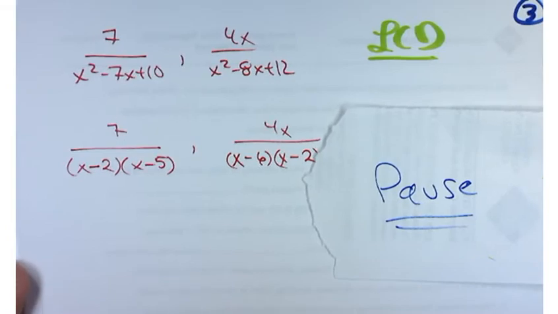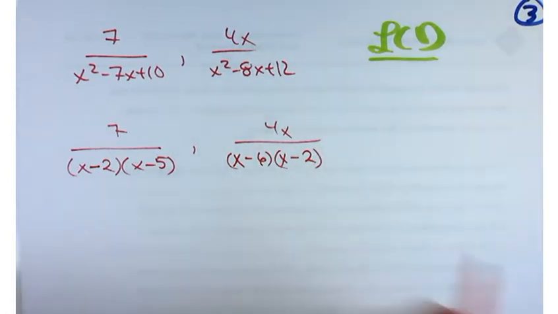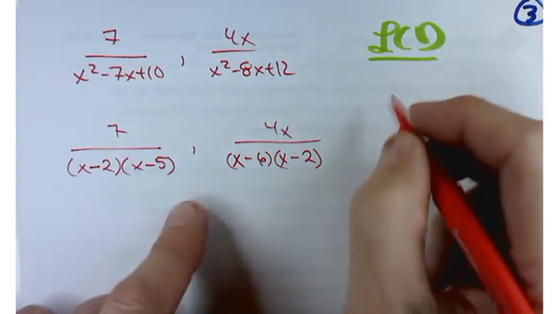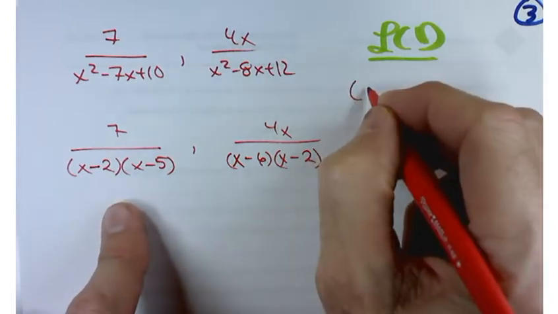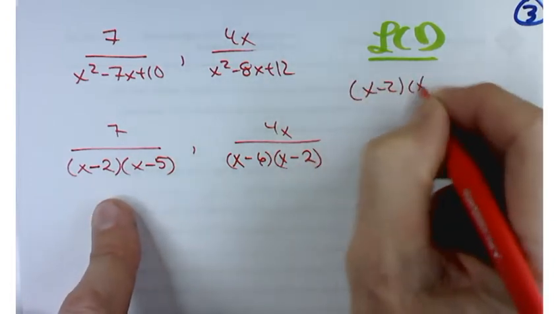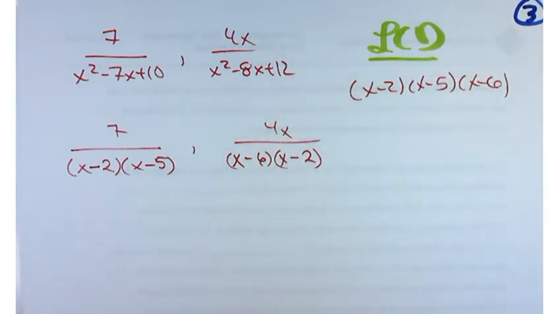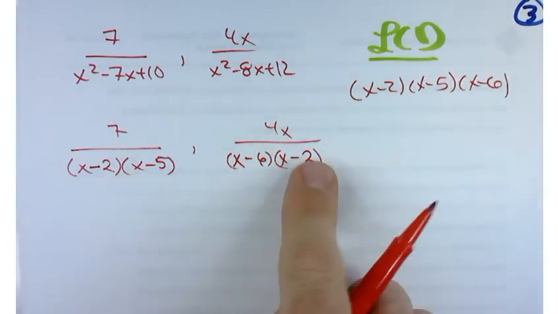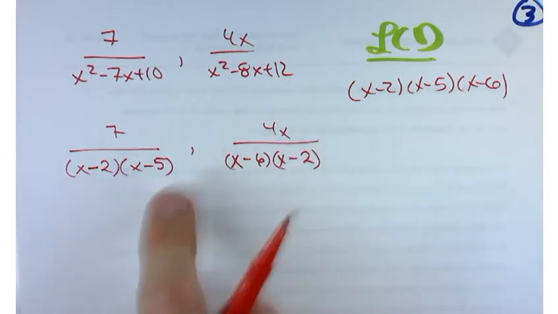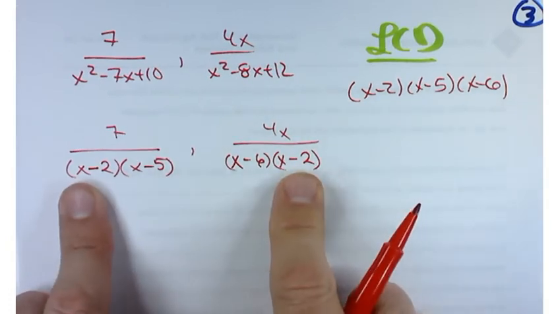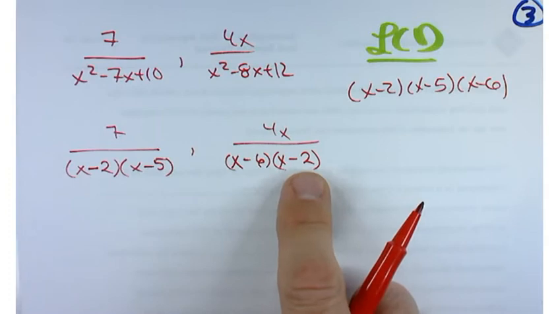Everyone got it right? Okay. Michelle, what'd you get for the LCD, please? Perfect. Basically, the product of all these factors, and we don't need this to the second power. It's just enough to list it once. So, cool.